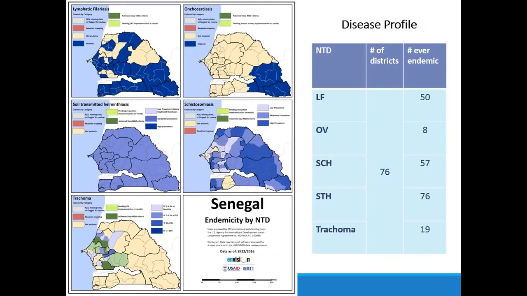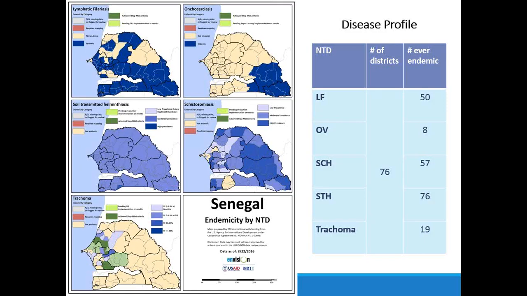We are going to give a picture of the disease in Senegal. You can see in those maps that we have 5 endemic diseases. You have LF present in 50 districts. In the first map, you can see it in blue. You have onchocerciasis present in the southeast of Senegal in the regions of Tambacounda and Kédougou.